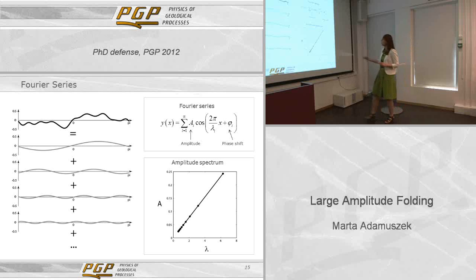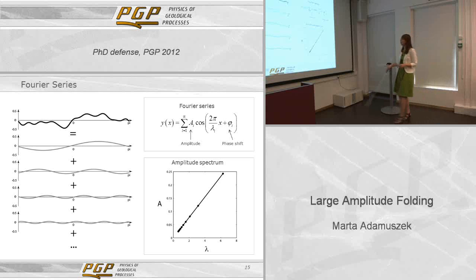In this presented example, I decompose it into a series of different waveforms, and here I present only the first four waveforms. Each waveform has different amplitude and different wavelength. And the fold evolution is analyzed from the perspective of the change of the amplitude and wavelength of individual waveforms.